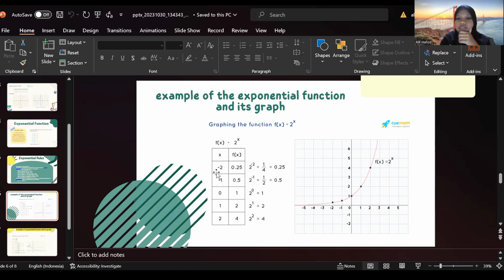We have to put -2 in the place of x in this function. Just follow the rules, just follow the way it's calculated. So we get 2 to the power of -2.